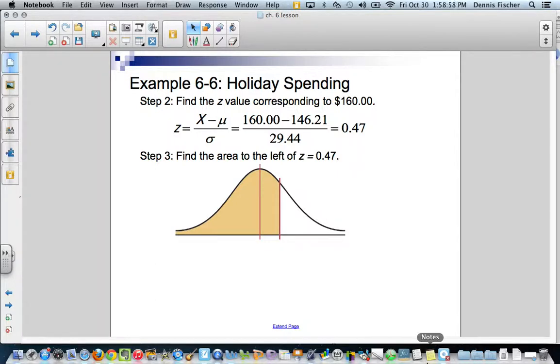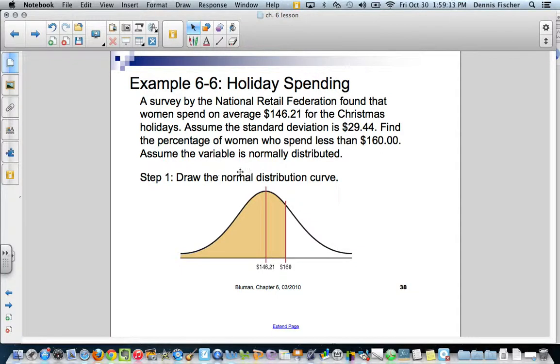That doesn't change. So here it's 160 minus 146.21, divided by the standard deviation of 29.44. It gave us that in the problem. So in the problem back here it says the mean is 146.21.